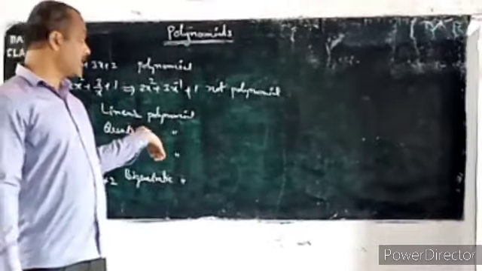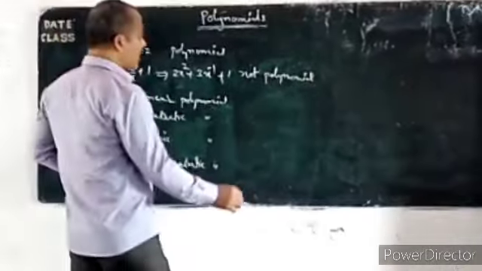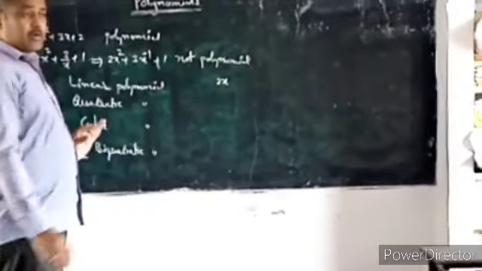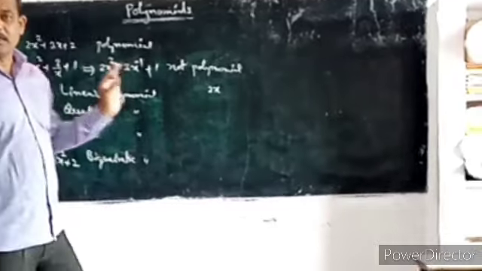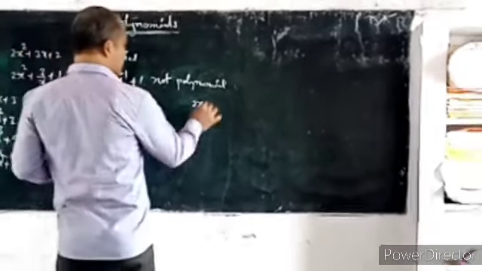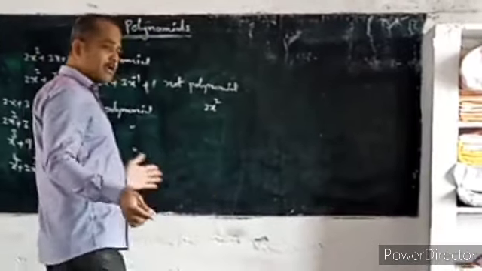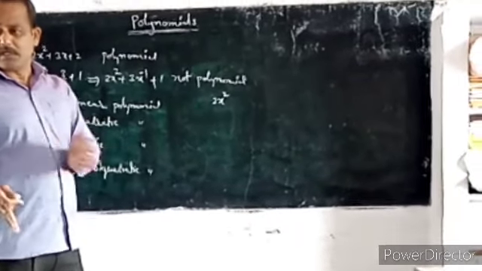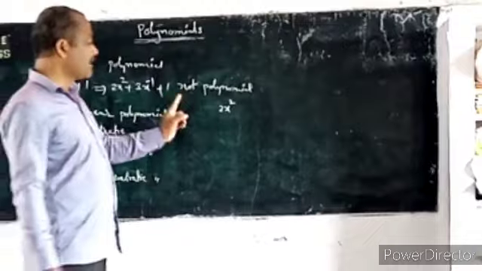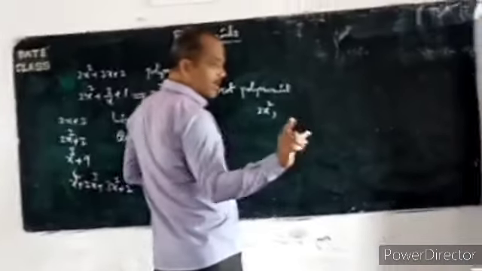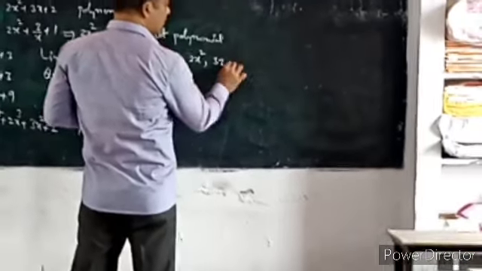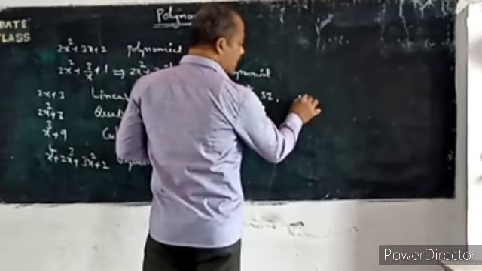In another way also, we can divide the polynomials into different forms. If any polynomial contains a single term only, whatever the exponent is, 2x square or 3x square or 5x cube, or 5y cube, 3z, 5z like that, only one term, that is nothing but a monomial.